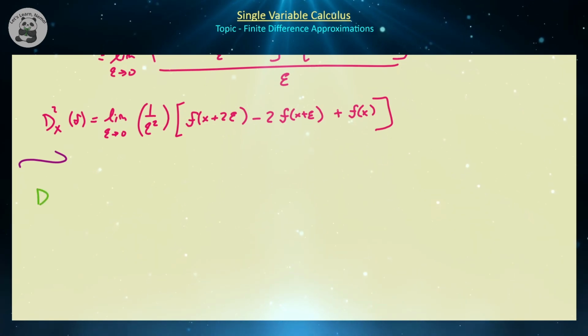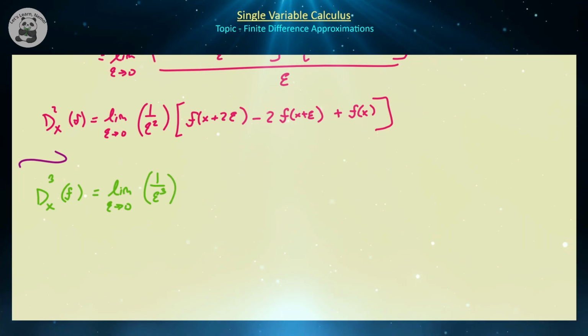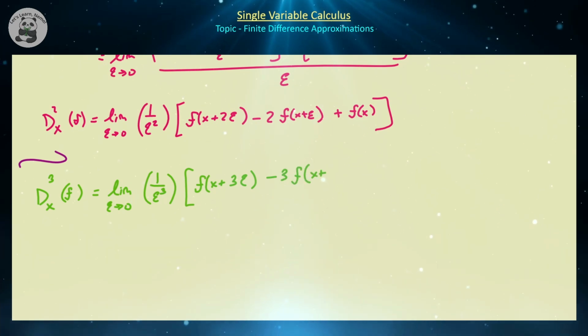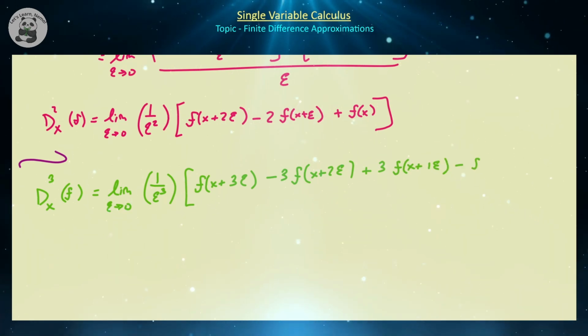You may want to pause this video to try this on your own, but one will find that the forward difference representation for the third derivative will be equal to the limit as epsilon goes to 0 of 1 divided by epsilon cubed of f of x plus 3 epsilon minus 3 f of x plus 2 epsilon plus 3 f of x plus 1 epsilon, and then minus f of x plus 0 epsilon.